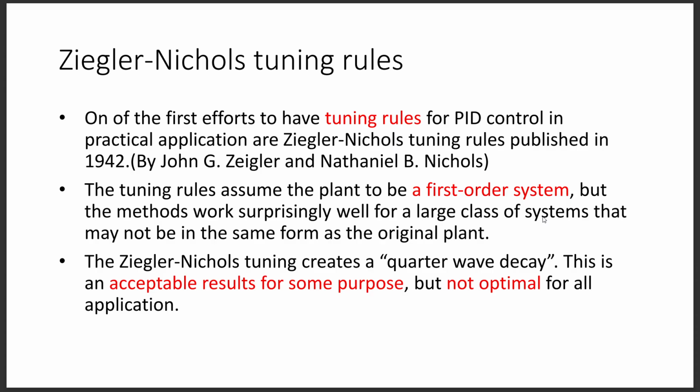And it's a very interesting method to tune your PID controller. The tuning rules assume that the plant is a first order system, but the method surprisingly works if your plant is not a first order system.